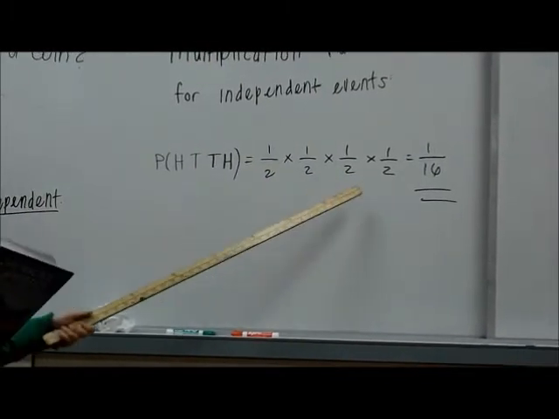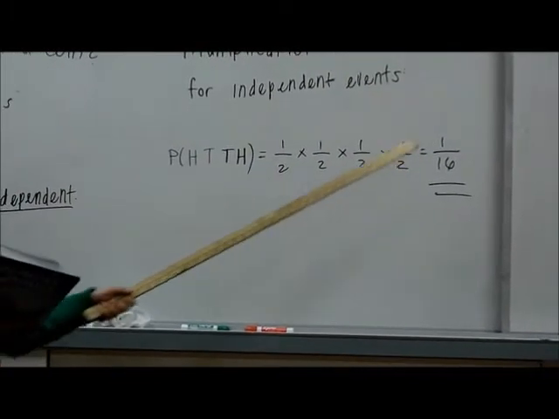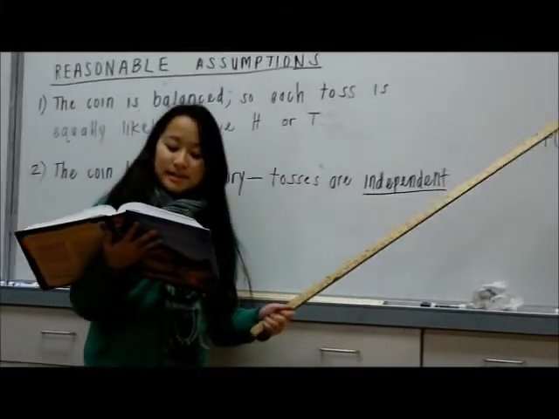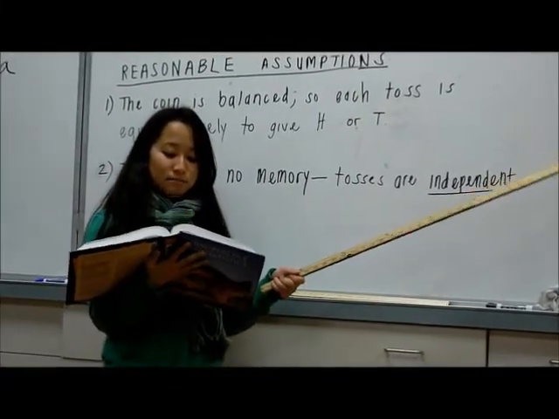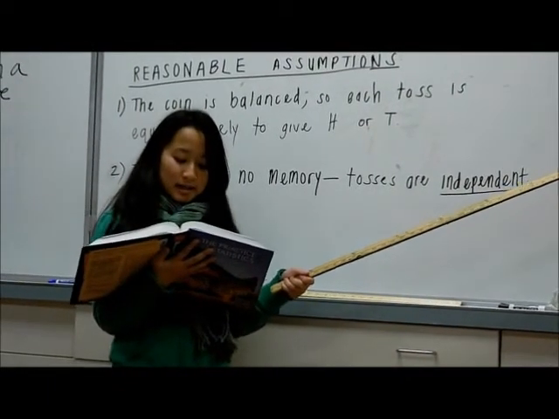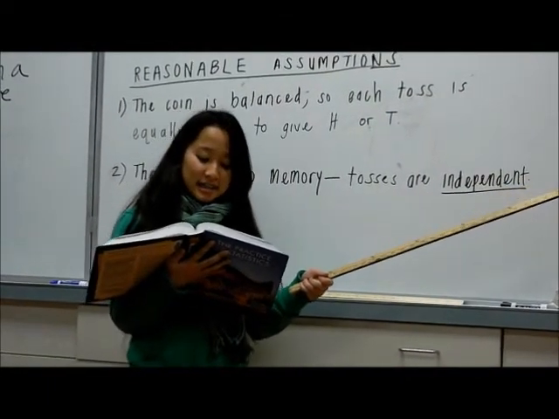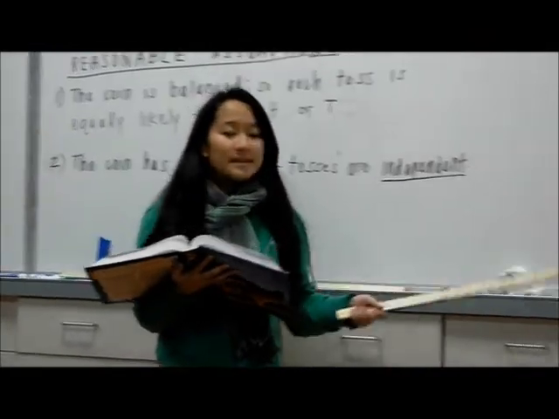If we multiply that, we end up with 1/16. So each of the 16 possible outcomes has a probability of 1/16.